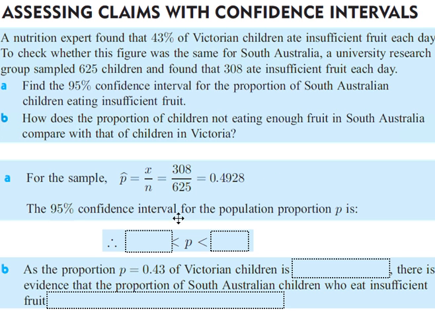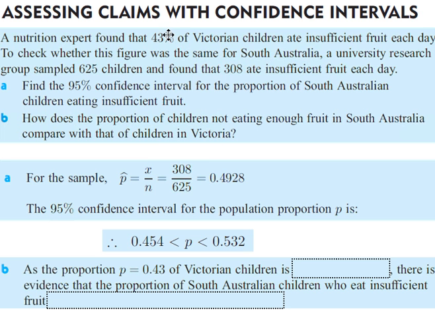Then all we would have to do is go to the calculator in stats mode, and we would enter in our values for X and N, and we'd end up with our population proportion being between 45.4% and 53.2%. Now part B, how does the proportion of children not eating enough fruit in South Australia compare with that of Victorian children?